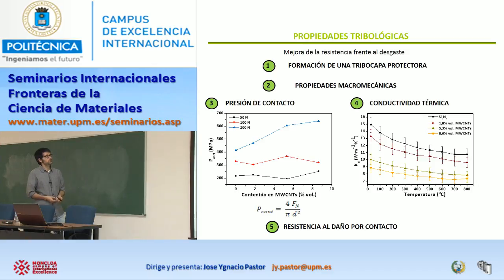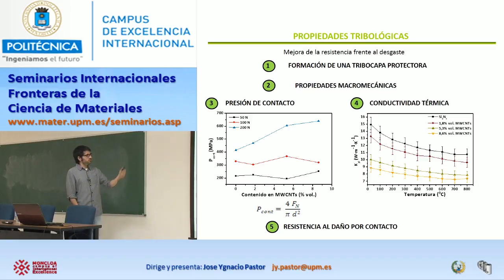And yeah, here is the reason for this triple film that protects your surface. It is not explained by the macro mechanical properties that I will show you later, not by hardness or toughness, which we see do not increase. Also not by the contact pressure.